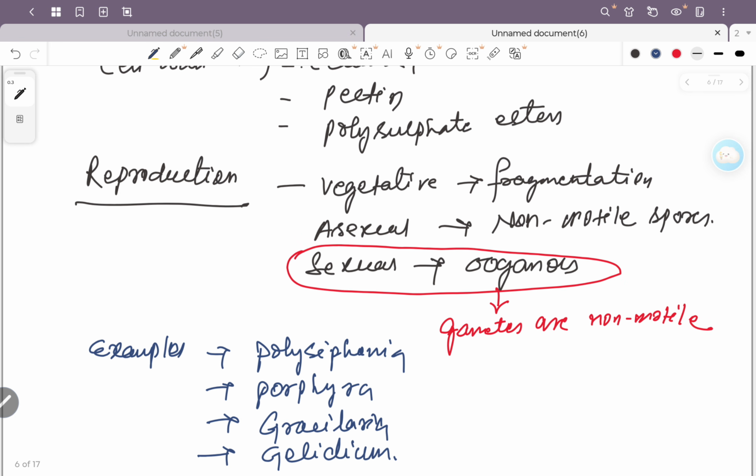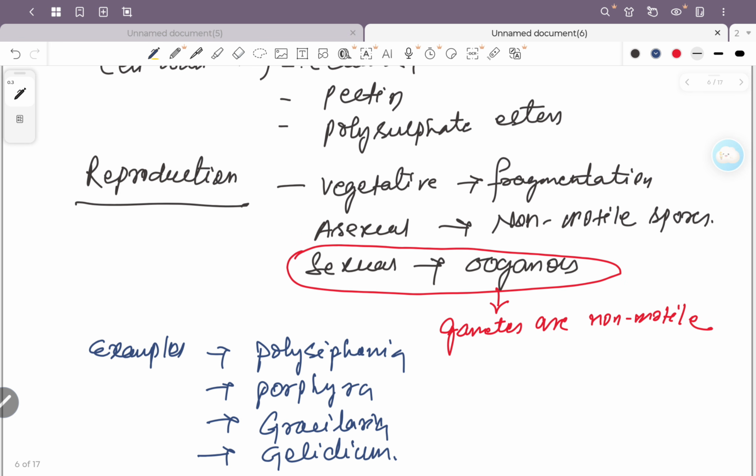Besides that, children, you can go through the table given in your textbook, where there is a comparison among the Chlorophyceae, Phaeophyceae and Rhodophyceae. That is the summary of these algae. So with this, your algae topic is over.